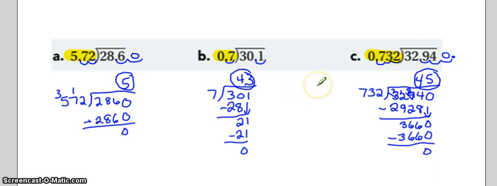So the number of places that that decimal is holding in our divisor is the number of places we have to move it in our dividend as well. In A, we moved it over 2 places, so we have to move it over 2 places within the dividend. In B, we moved it over 1 in each number. In C, we had to move it over 3.